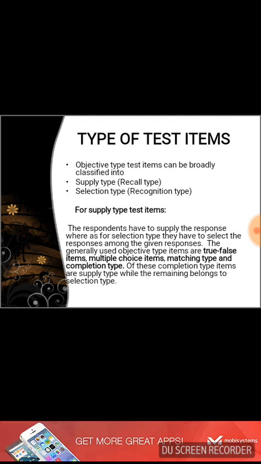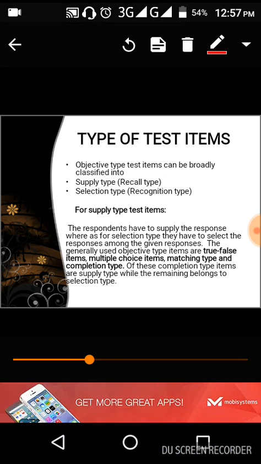The generally used objective type items are true false items, multiple choice items, matching type and completion type. Of these, completion type items are supply type while the remaining belong to selection type.